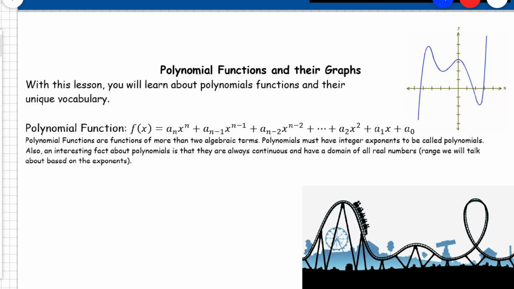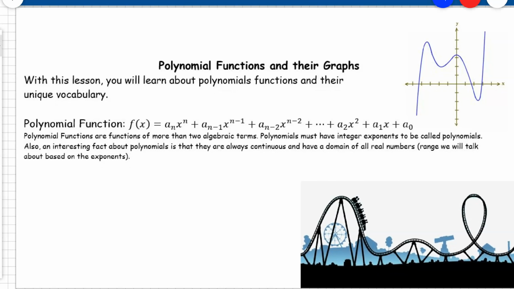Starting off with polynomial functions and their graphs. Don't let that equation fool you, or at least intimidate you, because that is just going to be our generic polynomial function. To tell you the truth, n represents any value, and then it's going to continue down as far as -1 all the way until we are left with just a constant.